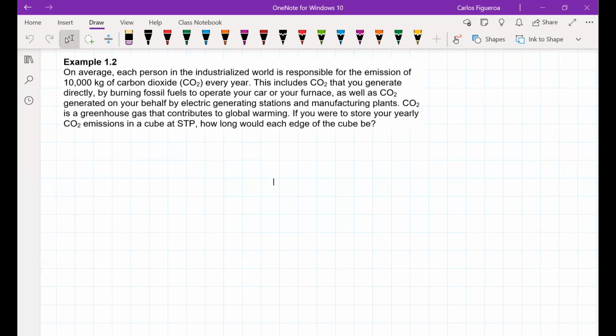Well, we know that CO2 is a gas, so that means we're going to treat CO2 as an ideal gas.